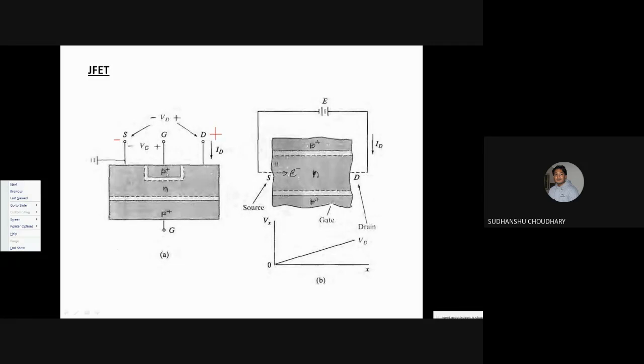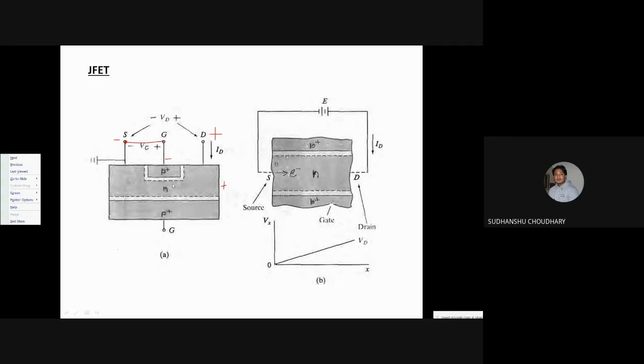Let us say that the gate is also shorted to source. So the gate is now connected to negative, and the drain, that is this N type, is already connected to positive. So the N type is connected to the positive end and the P type is connected to the negative end. That means this PN junction is reverse biased.